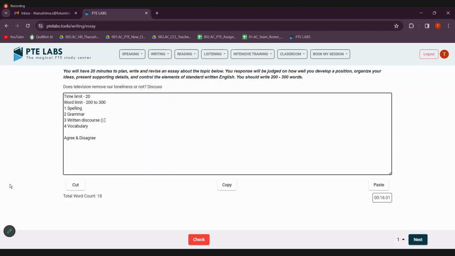For agree and disagree, there is a 95% probability that you would be given an agree and disagree topic. There is a 4% probability of you having an advantages and disadvantages topic, and only 1% of getting a problem and solution topic.